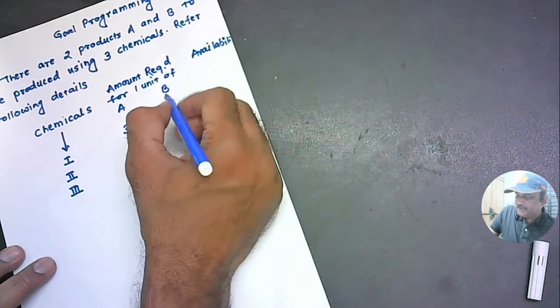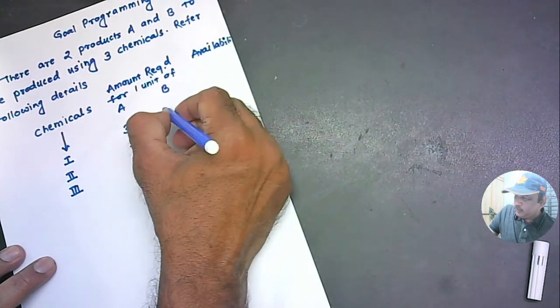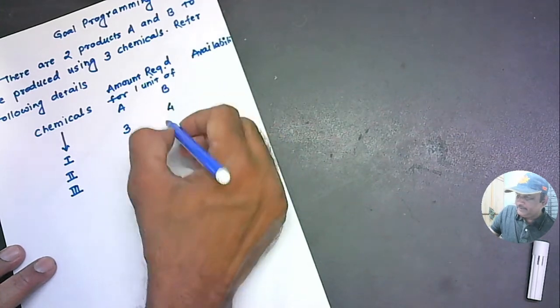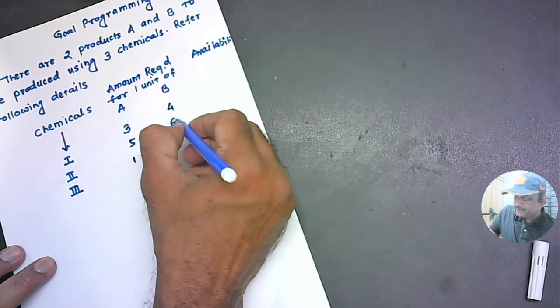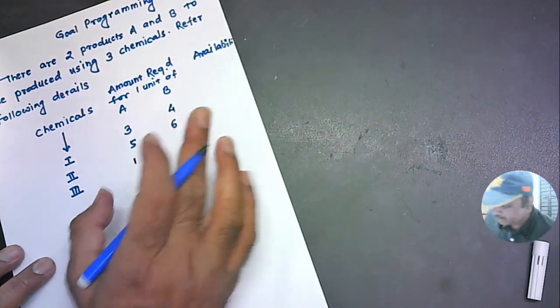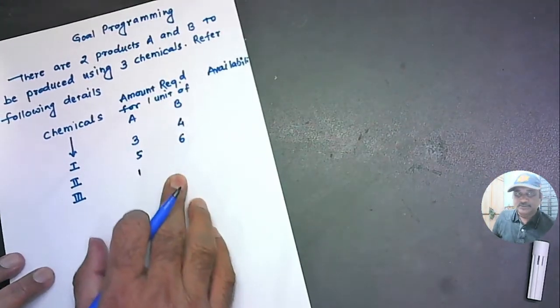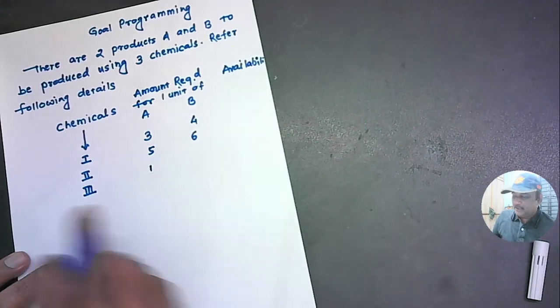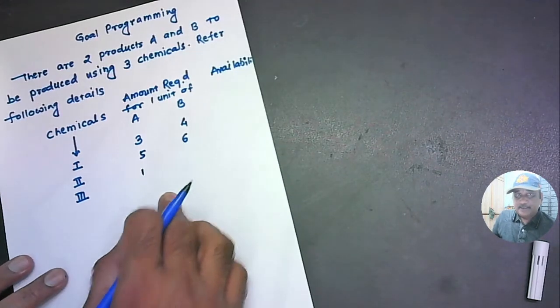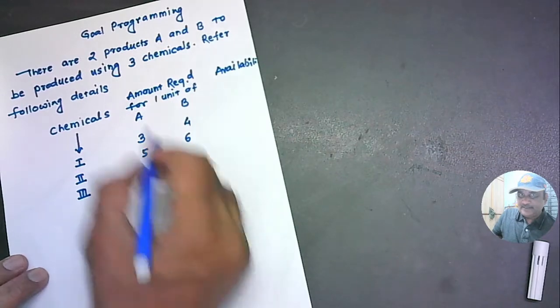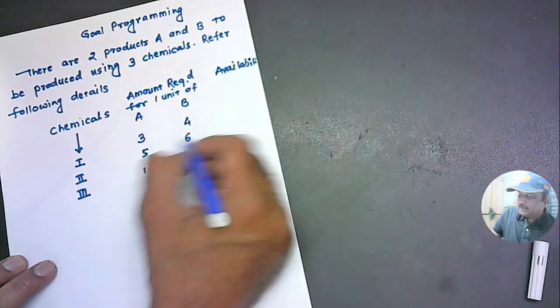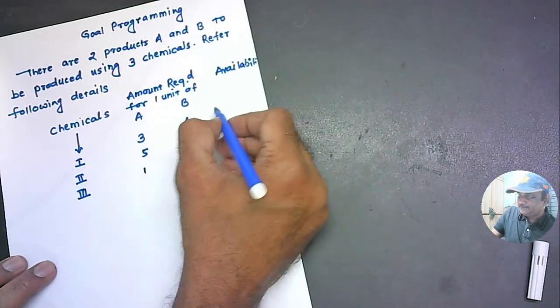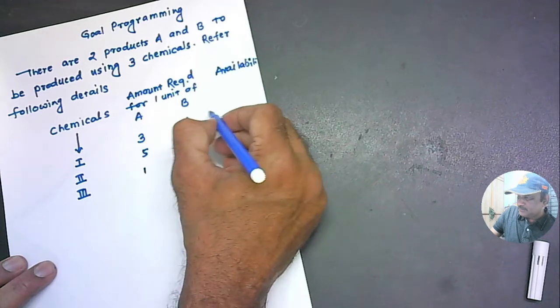Whereas B requires 4 units of chemical 1, 6 units of chemical 2, and nothing is mentioned about chemical 3.